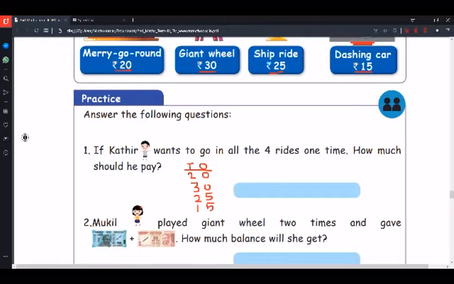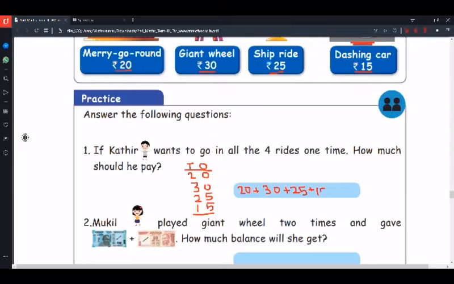Here you have to write in this blue line. Don't write like this. In this blue line you write rupees 20 plus rupees 30 plus rupees 25, that is the ship ride, plus rupees 15.